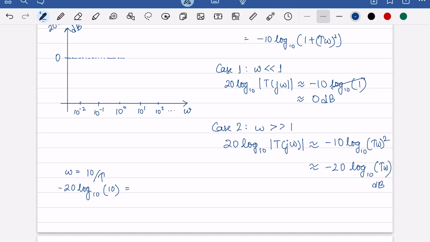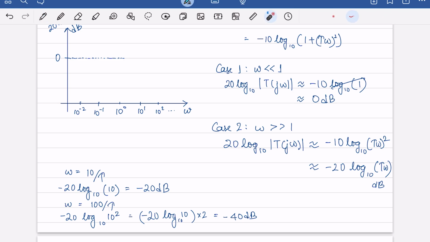So then we have minus 20 dB. And if omega is equal to, say, 100 by tau, then you would have minus 20 log 10 squared to the base 10, which is like minus 20 log 10 to the base 10 multiplied by 2, right? And log 10 to the base 10 is 1, so there's minus 40 dB.